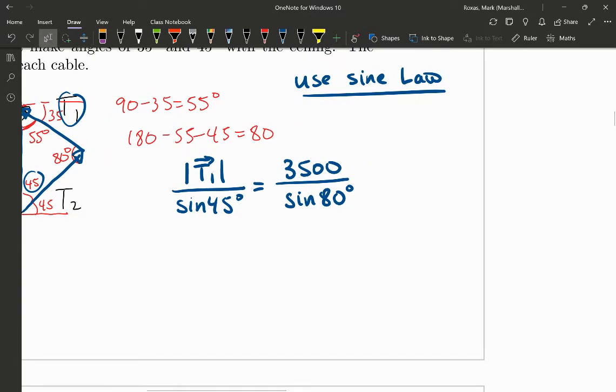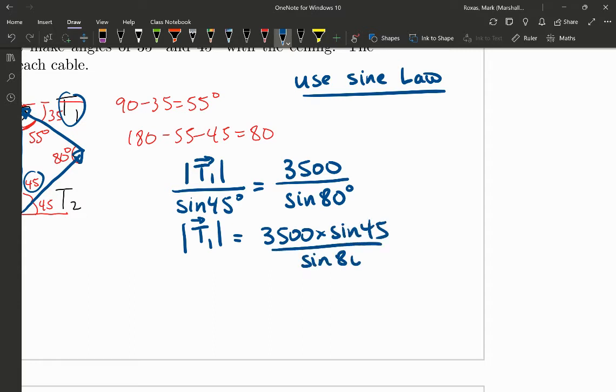If I solve for T1, the magnitude equals 3,500 times sine of 45 over sine of 80. Make sure your calculator is in degrees, and then your answer will be approximately 2,513 newtons.